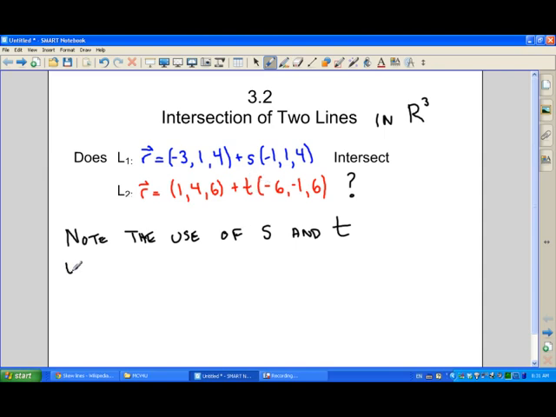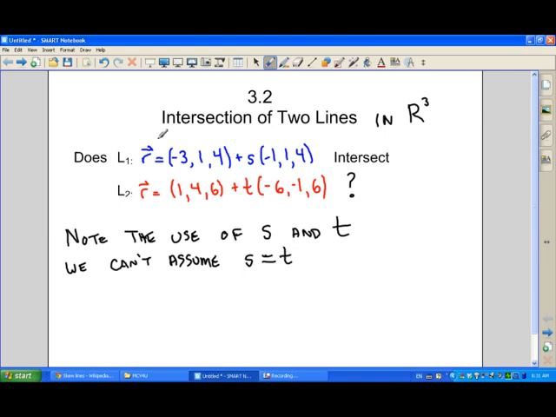And the reason why we need to take note of this is because we can't assume that s is going to be equal to t. These are going to be different scalar multiples. They're going to have different values depending on how these lines intersect. So we can't assume that s and t are equal.